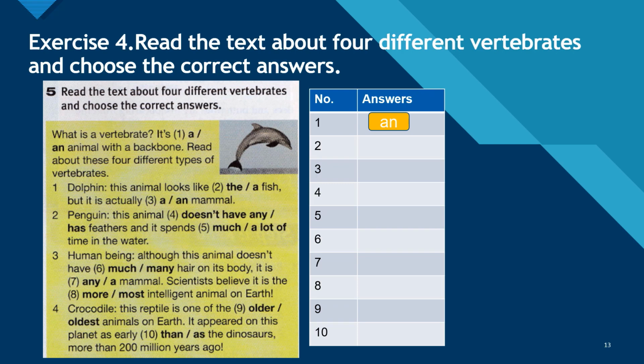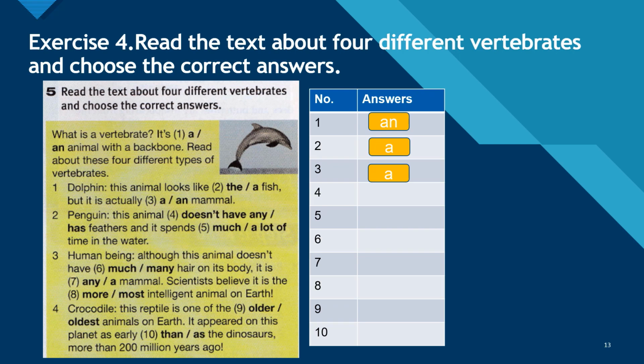These animals look like a fish. Because fish is singular, we use a fish, but it is actually a or an mammal. Because mammal starts with M, the answer is a mammal.